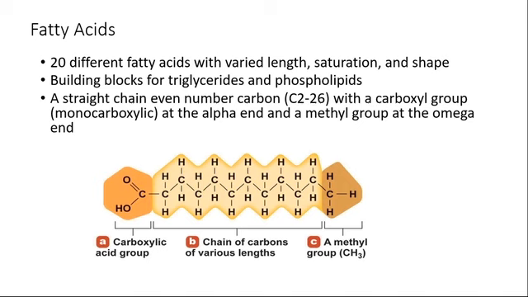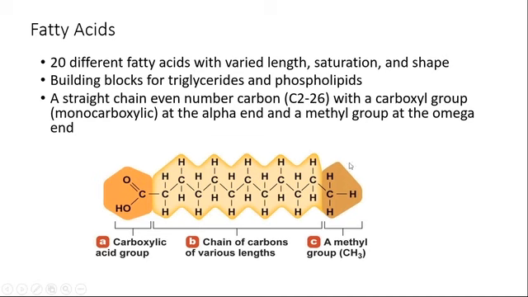And fatty acids that you find in triglycerides are all even chain. You do not find odd chain fatty acids in triglycerides. So they can range anywhere from 2 carbon to 26 carbon, and all these fatty acids are monocarboxylic fatty acids. So that means at one end of the molecule, they have got a carboxyl group, and that is called the alpha end of it.